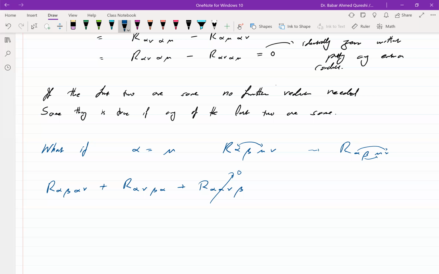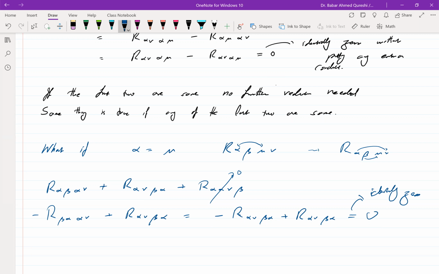And this one is equal to beta alpha, alpha nu. And this is equal to, because I can again extend the pair, so this is also identically 0 without ever imposing the cyclic permutation property.